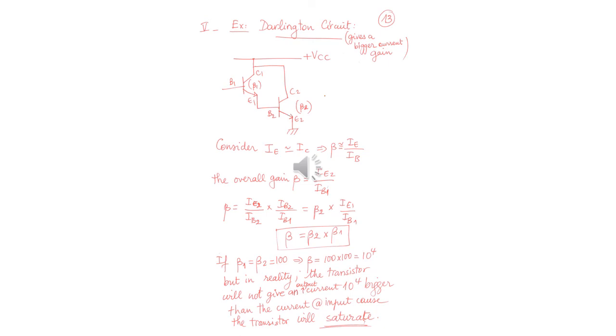Of course, it will amplify more than 100 times, but it will never amplify 10,000 times. The collector current won't be increasing anymore, and we say that the transistor is saturated.